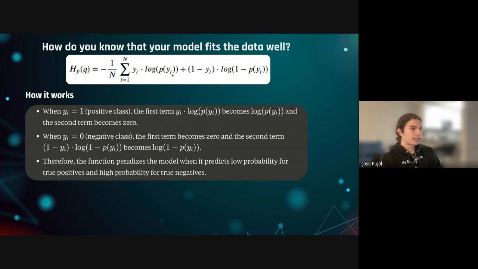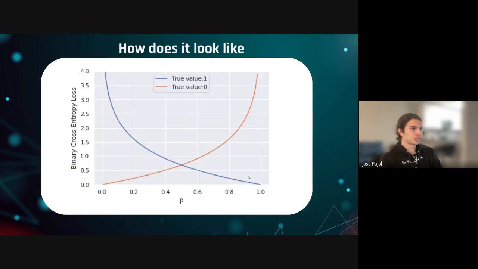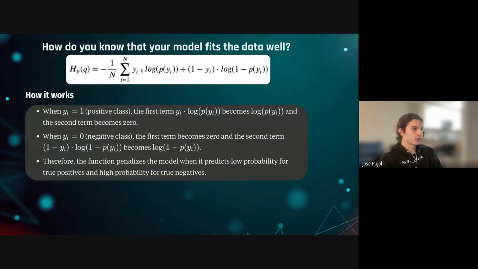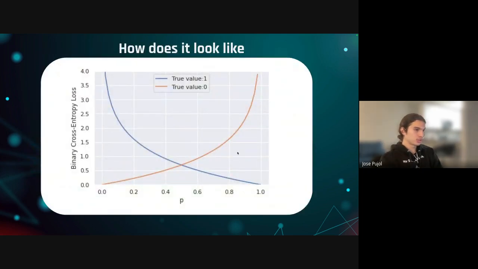And the log inside is actually giving us the error for our prediction. So what I did is I just plotted this function here, and you can see what this looks like. So here's what the function looks like.